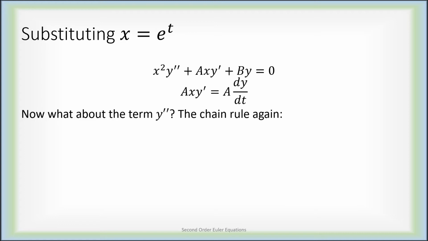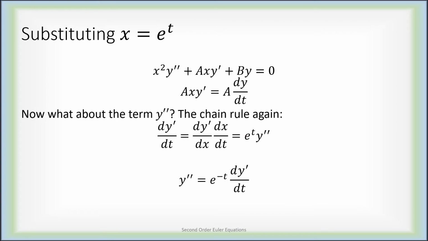Now the chain rule can apply again. If I want to find the t derivative of y prime, I can say it's the x derivative of y prime times dx/dt. Now the x derivative of y prime is just the second derivative of y. So this is dy/dx, and I take d/dx of that, and we get y double prime. But dx/dt is just e to the t again.